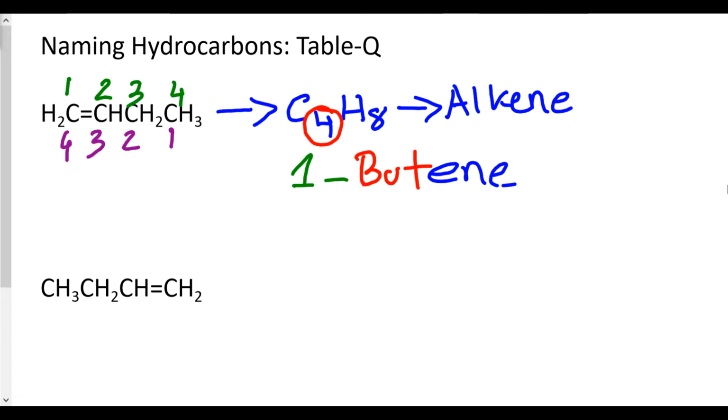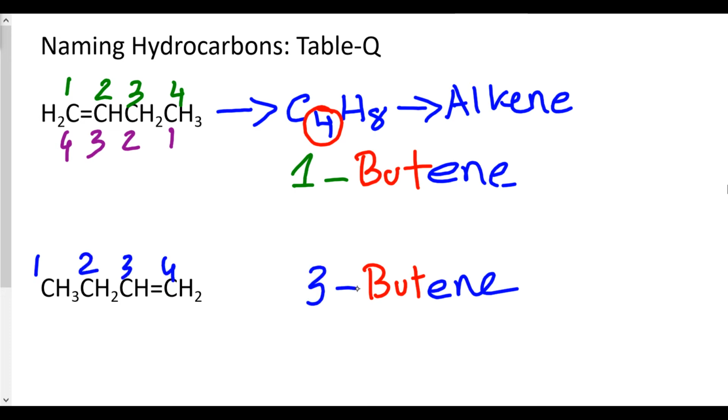The last example is also similar to our first and second examples, where we have 4 carbons and 8 hydrogens. Therefore, the name should be butene. However, if I count it from left to right, it would be 3-butene.